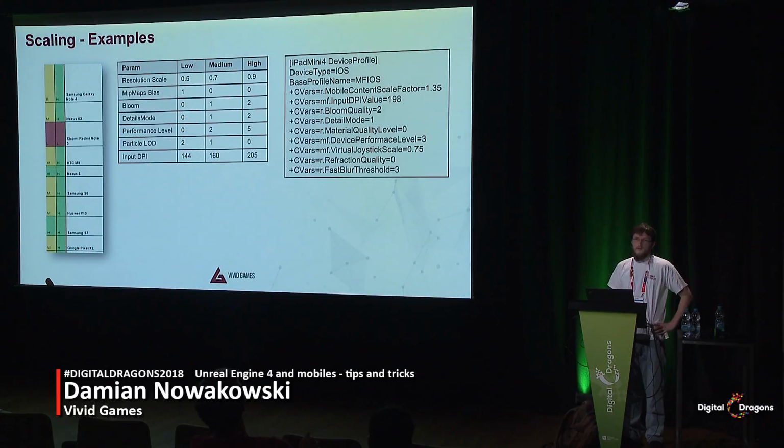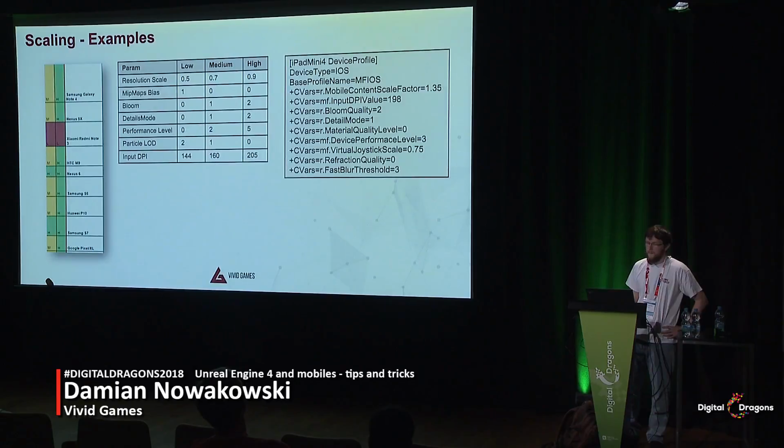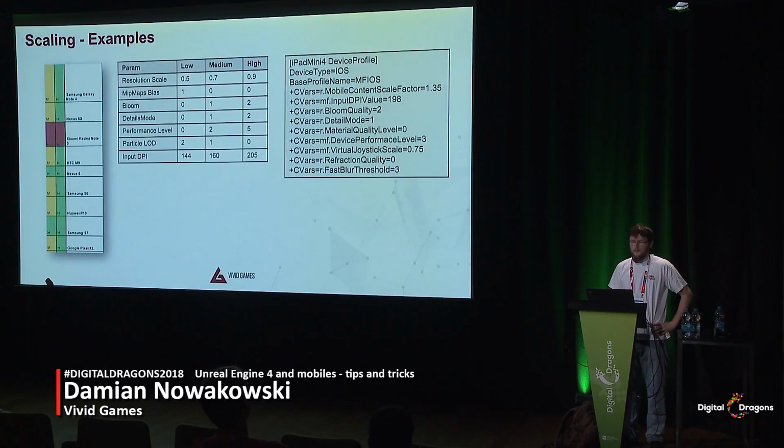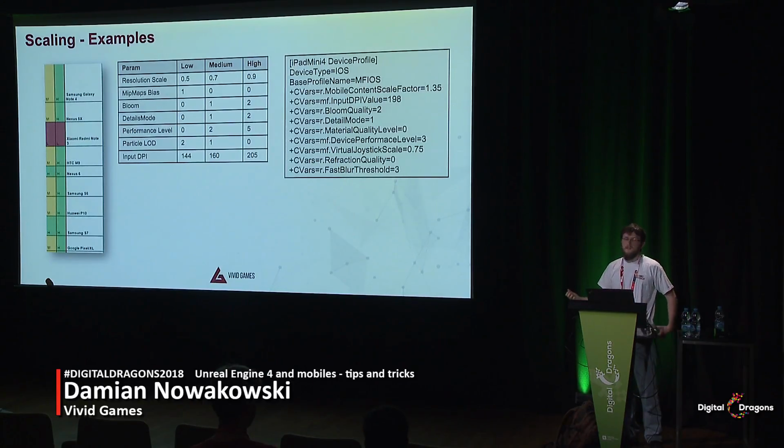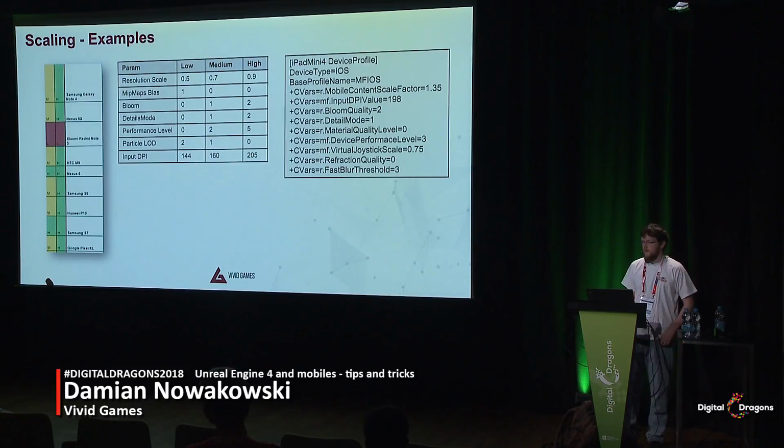Based on our QA, tests and benchmarks, we set the low, medium, or high profile for specific devices. As you can see on this table, there are 2 values because each game we are working on might have different profile values.